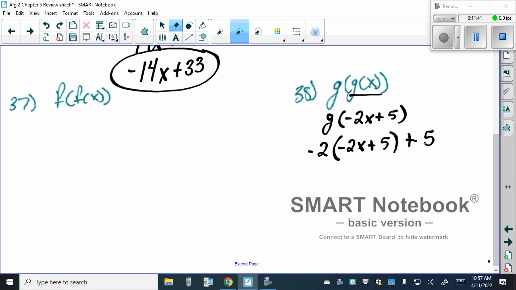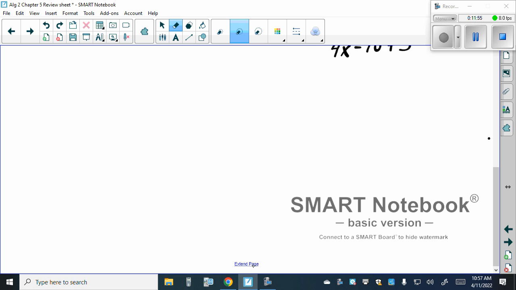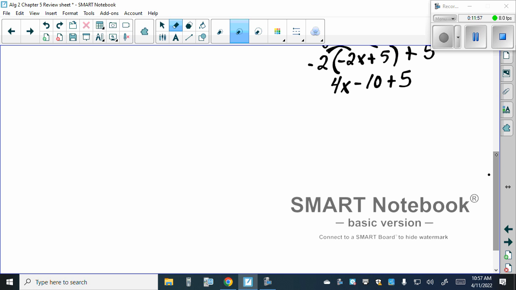And now at this point here we would simplify, so we would distribute the negative 2. Negative 2 times negative 2x is 4x. Negative 2 times positive 5 is going to be negative 10 plus 5. Which, if we combine like terms, negative 10 plus 5 is negative 5, so we get the function 4x minus 5.